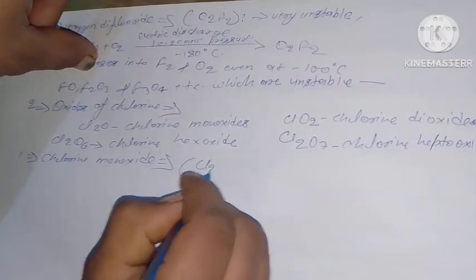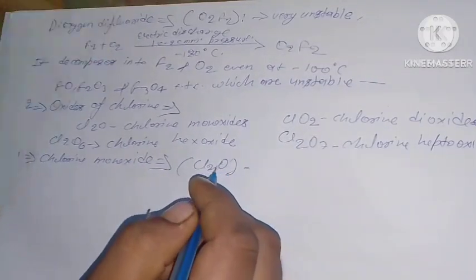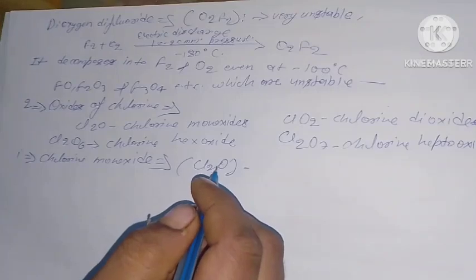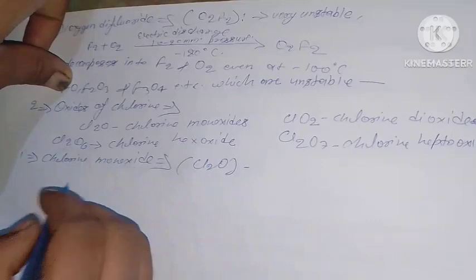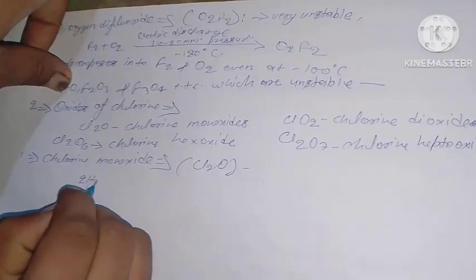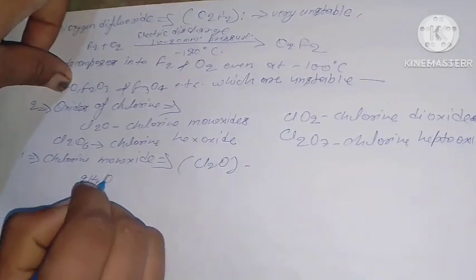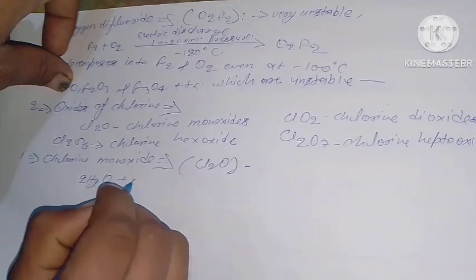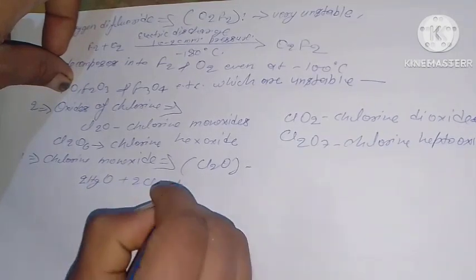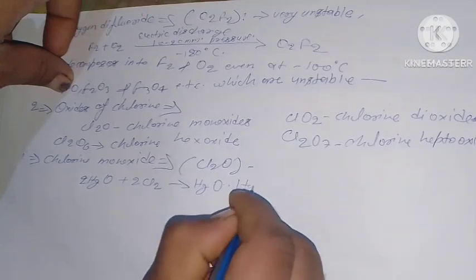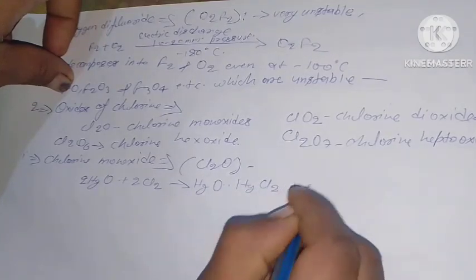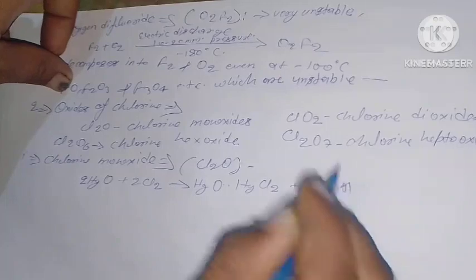Chlorine monoxide, Cl2O. When freshly prepared HgO is treated with chlorine gas, Cl2O is obtained: 2HgO plus 2Cl2 gives HgCl2 plus Cl2O.